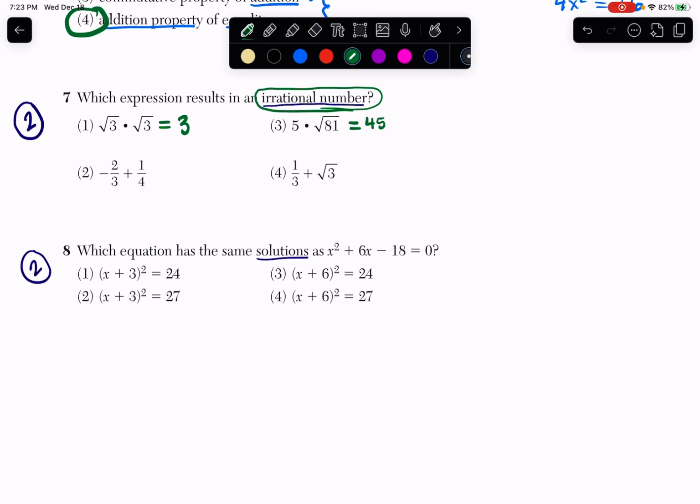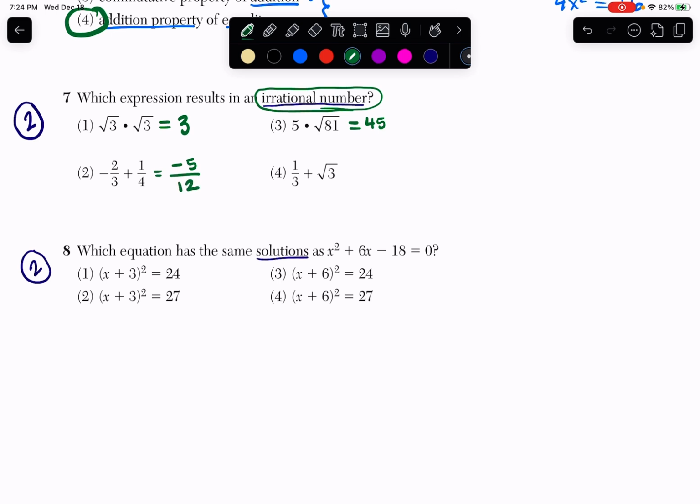If I type in negative 2/3 plus 1/4 in my calculator, and I use the alpha y equals for the fractions, then I am going to get negative 5 over 12.